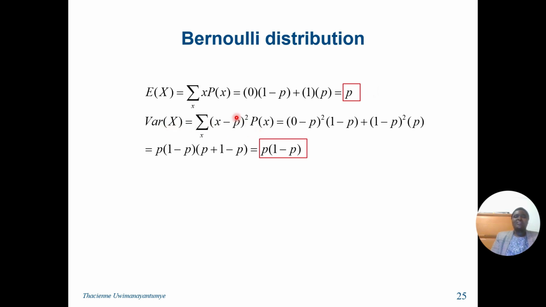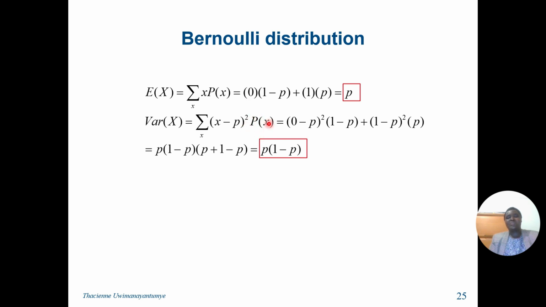And for the variance, if you remember the formula, we have to take x minus the mean. Because the expected value that we have found is p, we substitute p as the expected value, so x minus p squared times the probability of each x.